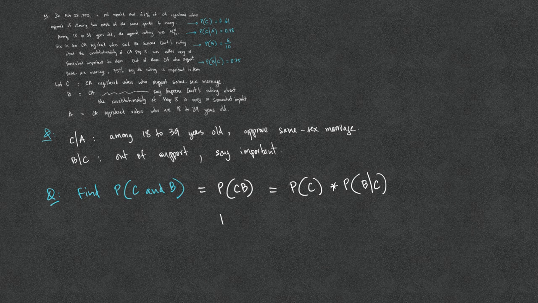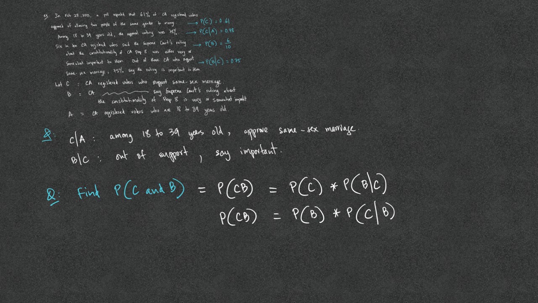Another way of writing the probability of C and B is the probability of B times the probability of C given B. Note that regardless of what formula we use, we still need to multiply the probability of the two events that we connect with the word AND. The question is now, which of the two formulas should we use?